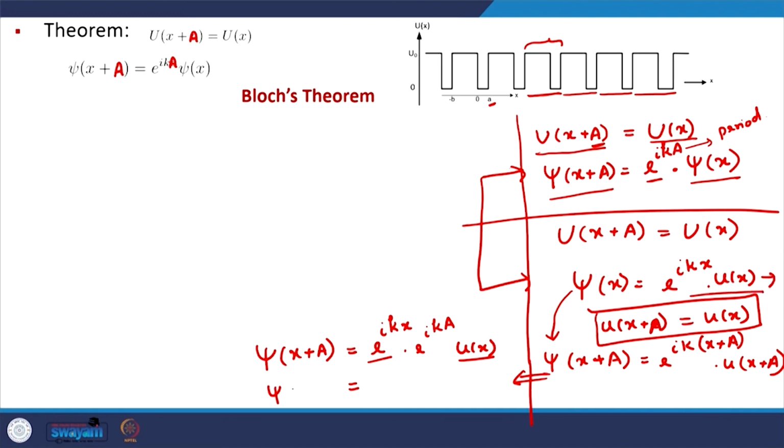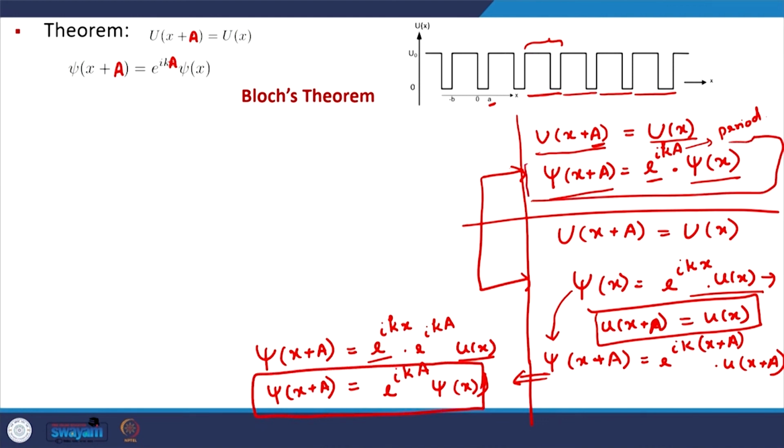So, ψ(x+a) would be exponential i k a times ψ(x), which is essentially the earlier statement of Bloch's theorem. So, Bloch's theorem can equivalently be put in two statements.